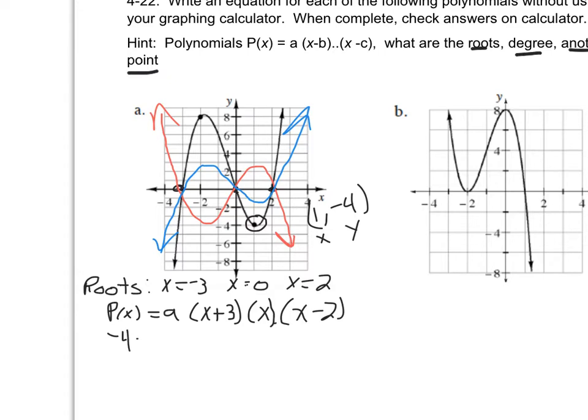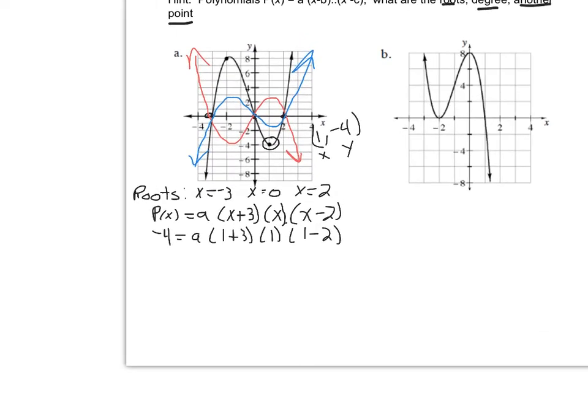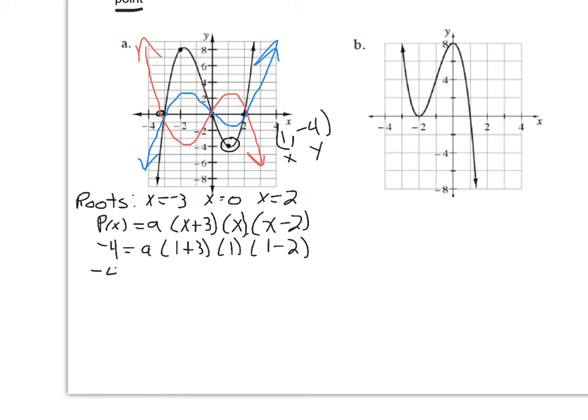So I'm going to write an equation, negative 4 equals a times, wherever x is, I'm going to replace it with 1, and that's going to give me a negative 4 equaling a times 4 times 1 times a negative 1, which is a negative 4 equaling a times a negative 4.